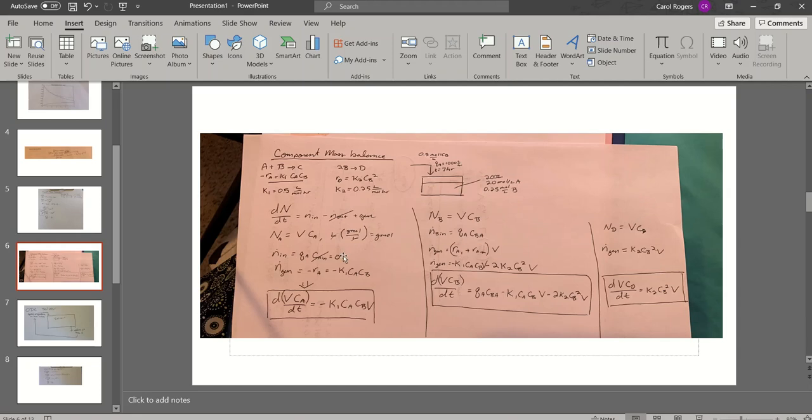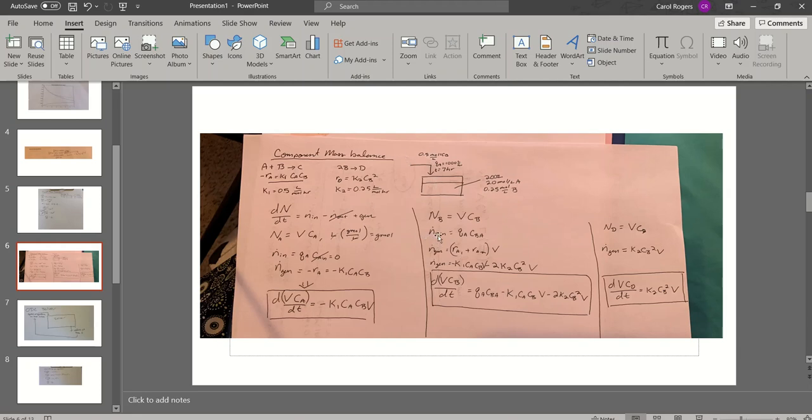For component B, it's a little bit more complicated because two reactions are coming in simultaneously. So we've still got the moles of B already in the reactor equal to V times CB. Then we also have our inlet B coming in.